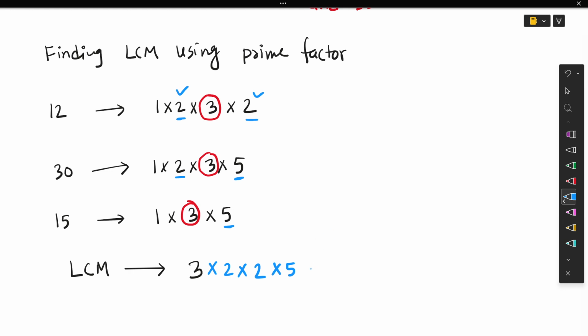Okay. So you have 2 times 2 times 3, which is 12, and times 5 is 60. So LCM is 60. Okay.